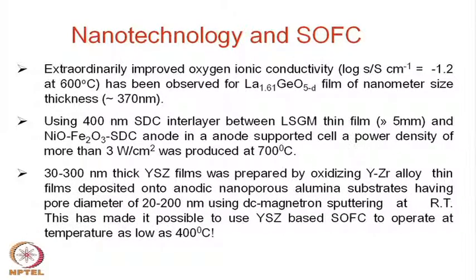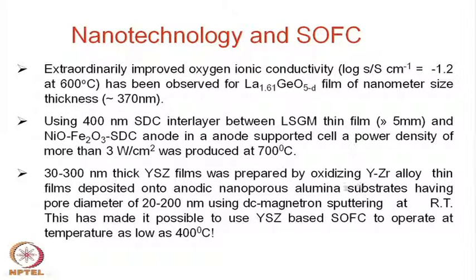Similarly, this is for YSZ films, 30 to 300 nanometer thick films. Normally in our structures we have seen about 20 micron, but in this case we are talking about much thinner, about 30 to 300 nanometer thick YSZ films, prepared by oxidizing. Of course, this kind of film cannot be prepared just by powder metallurgy or powder preparation techniques.